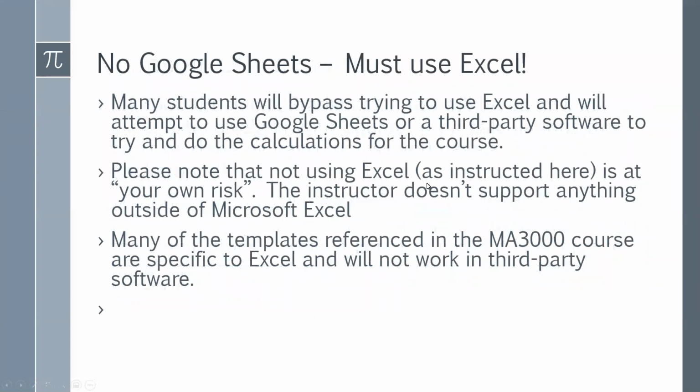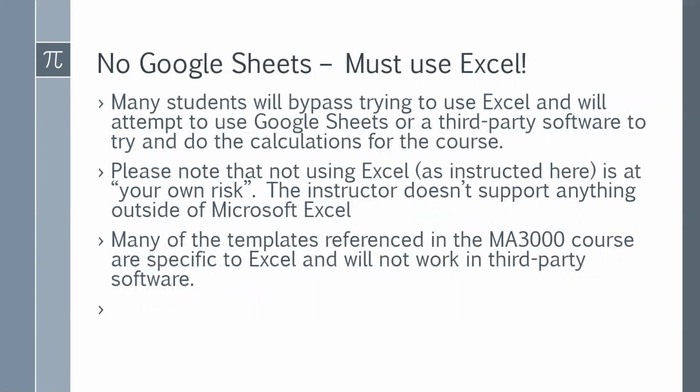Okay, some like to utilize Google Sheets. That's a product that Google has as far as an alternative to the Microsoft Office. Do keep in mind, especially in the MA 3000 course, that the calculations will not work in Google Sheets or a third-party spreadsheet application.